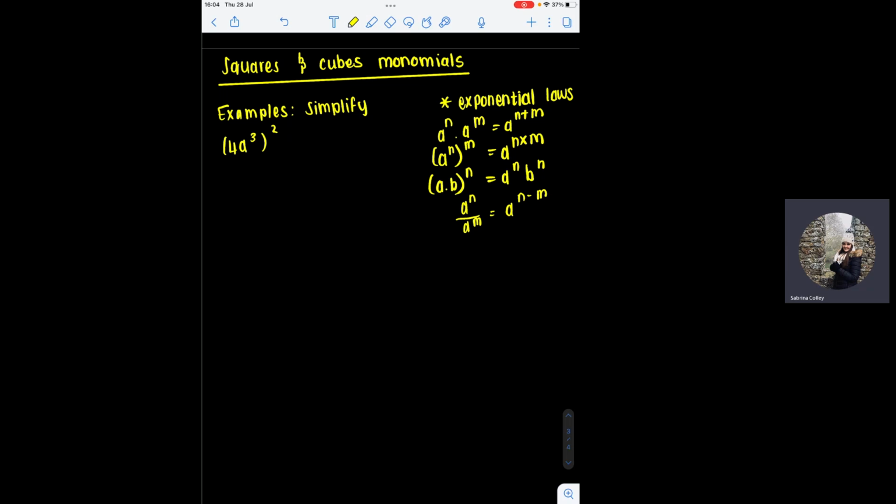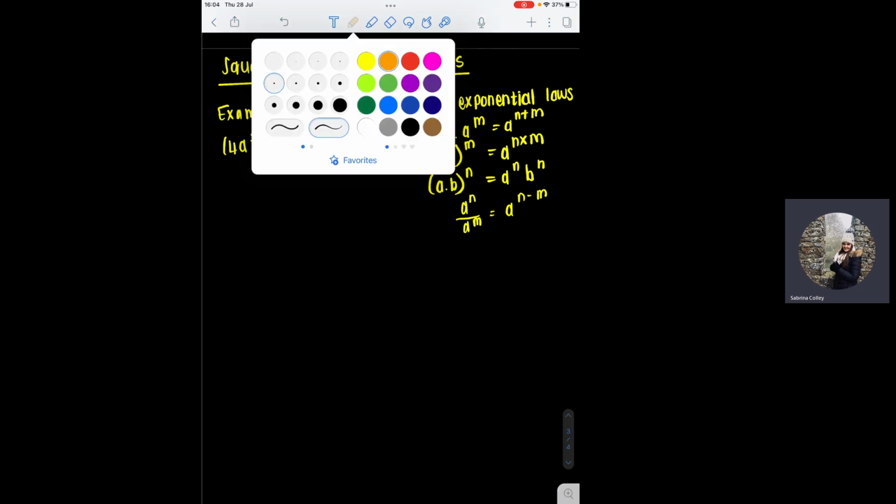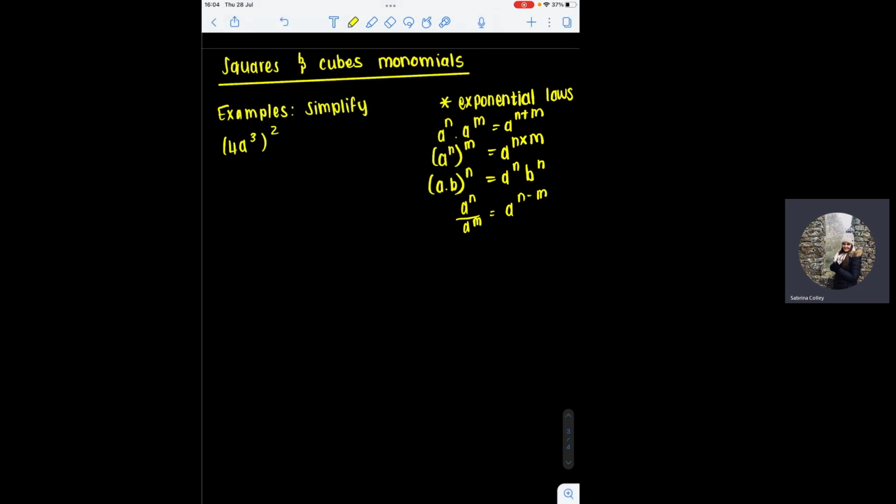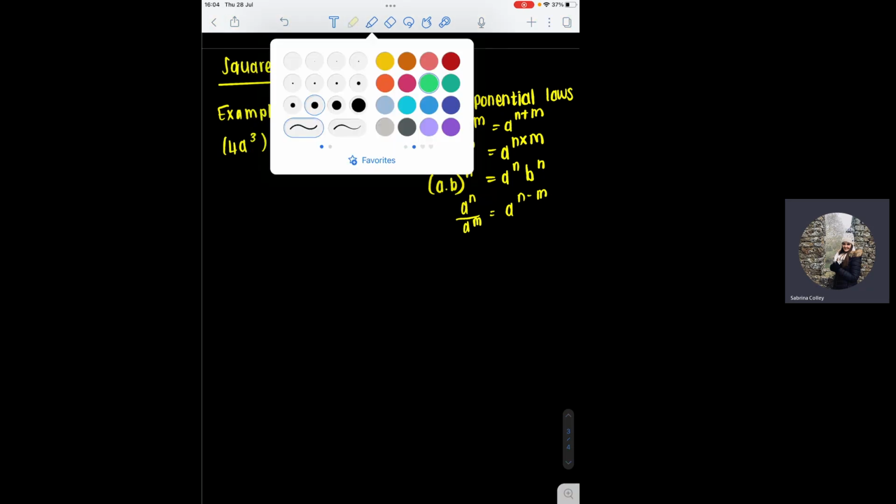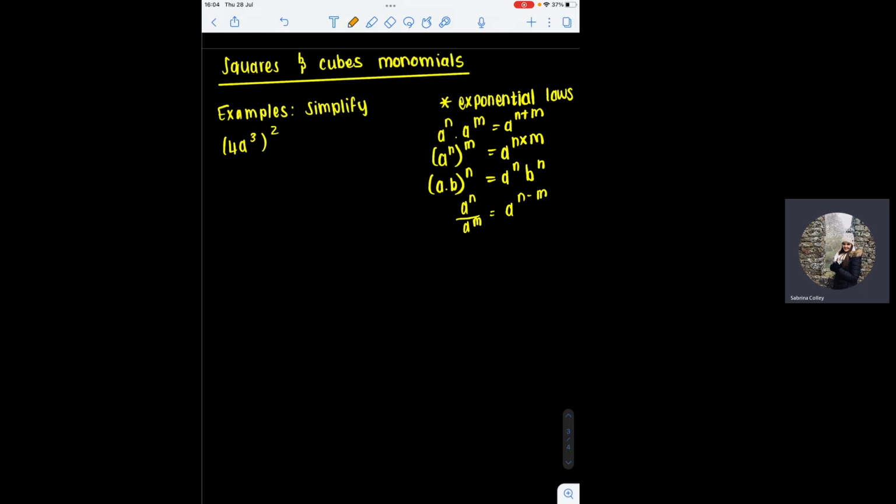So if I go back to this example, how I'm going to start is I need to get rid of my exponents first. I've got something in the bracket to the power of 2, so according to my rules, this power is going to go to each product. The squared is going to go to the 4 and the squared is going to go to the a cubed.